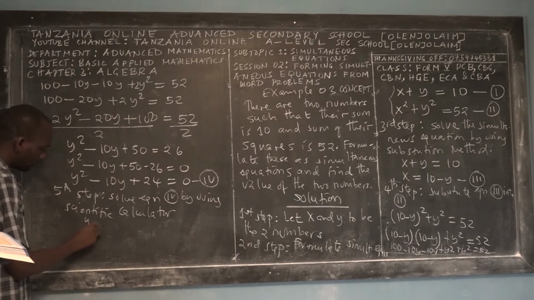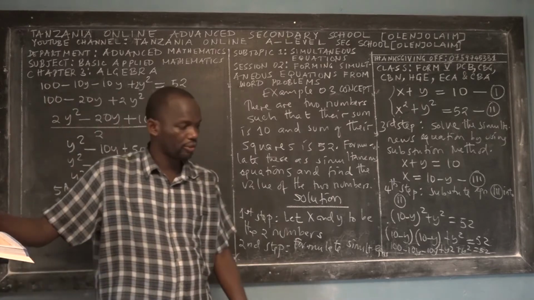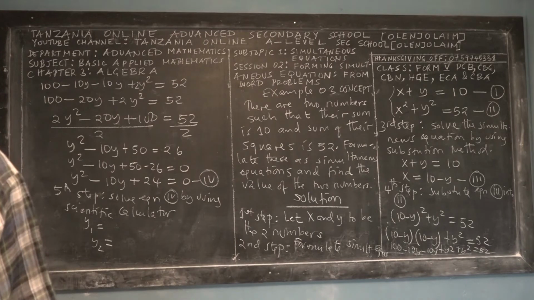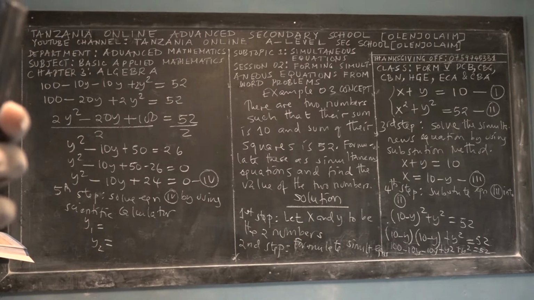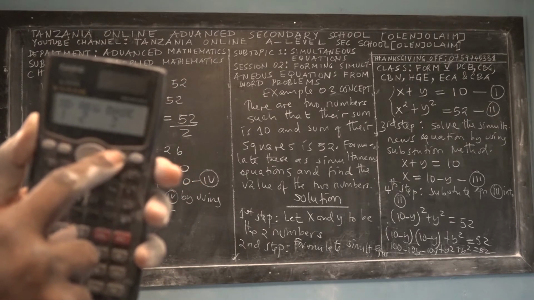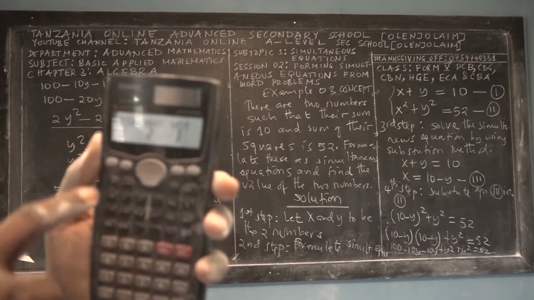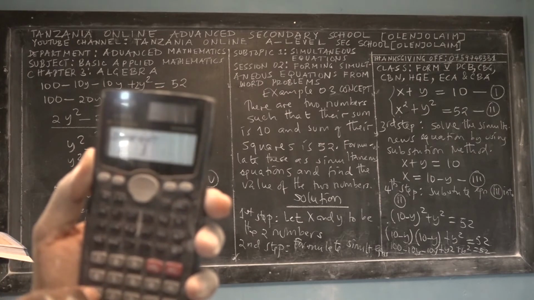So we have the first value of y and the second value of y. We follow the same steps as we followed before. You take your scientific calculator and press mode, even if you didn't clear. First time, second time, third time. Once you do that, you choose the equation. Afterwards, you press these buttons.